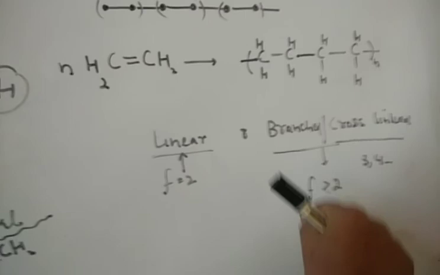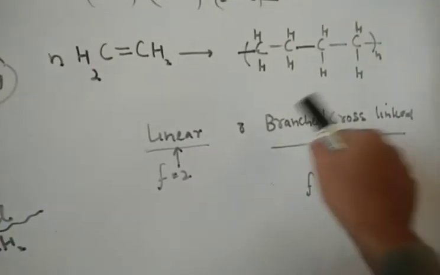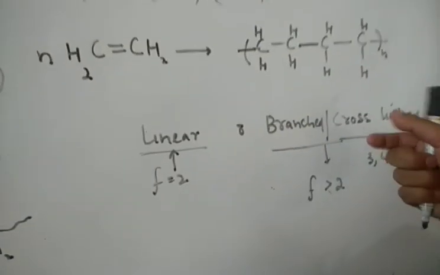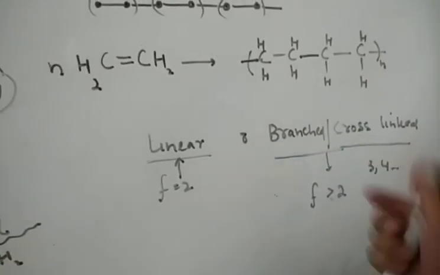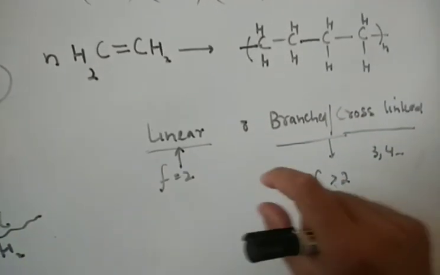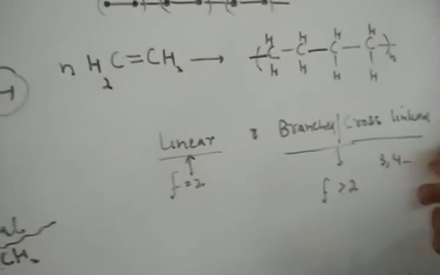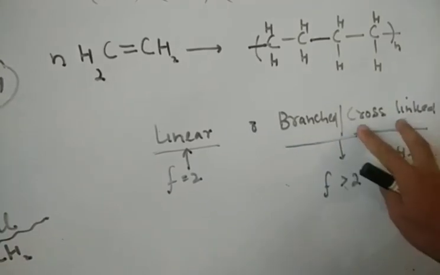So which monomer you are using, what is the possible functionality in a monomer? Accordingly, there are chances that you may get a branched polymer or a cross-linked polymer. Then you have to alter the conditions. For example, take bakelite, where you can get a linear polymer and also a cross-linked polymer. So you vary the conditions, but you can get a branched or a cross-linked polymer.